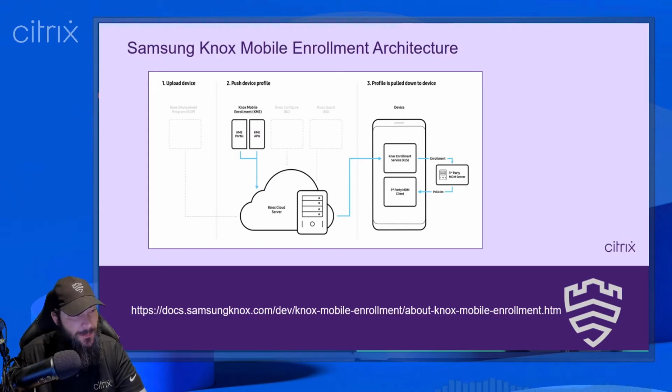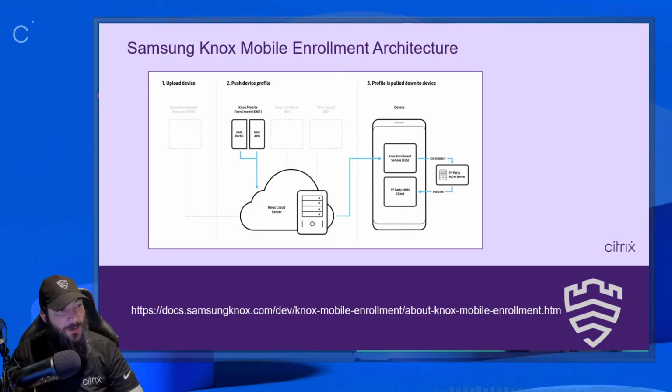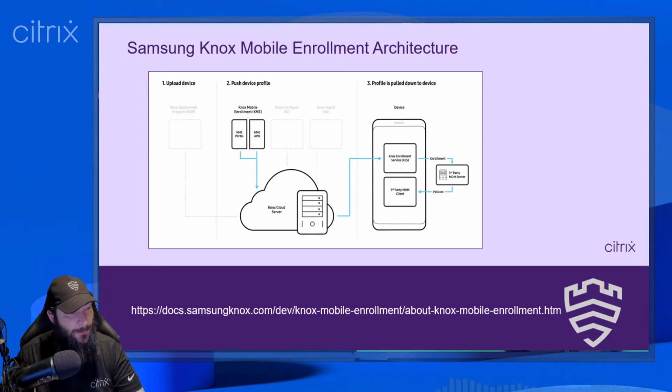You see the architecture picture here. You have the KME portal. You have KME APIs, which are mostly used by the resellers. You have the Knox Cloud server, which lives in the cloud, as the name already says. And you have the endpoint, of course. On all Samsung devices, the Knox Enrollment service is installed.